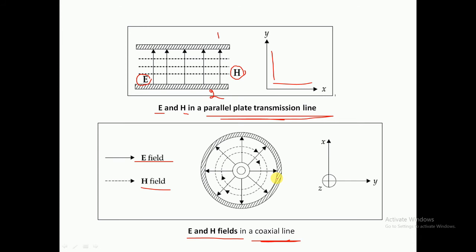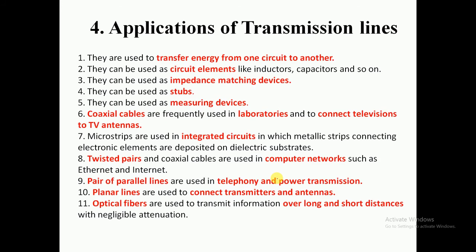Next is applications of transmission lines. We have huge applications of transmission lines. As an example, they can be used to transfer energy from one circuit to another circuit. Another is that they can be used as a circuit element. They can be used as an impedance matching device, with stubs like single stub matching and double stub matching.